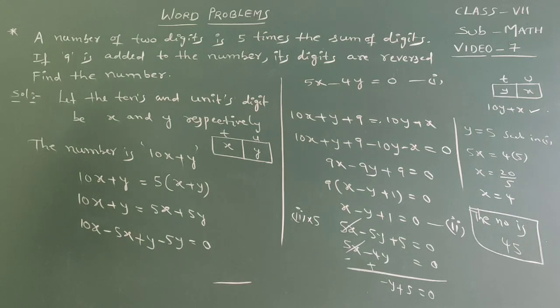If 9 is added to 45, it becomes 54, which means its digits are reversed. 45 and 54. So that is the check.